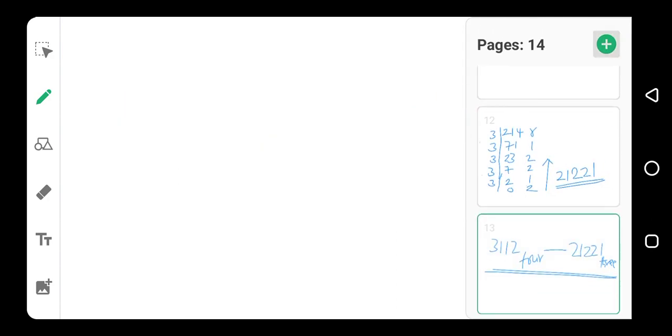Now we talk about arithmetics of higher basis. If we have numbers in base 3 or base 4 and we are to add them or subtract them, how do we do it?